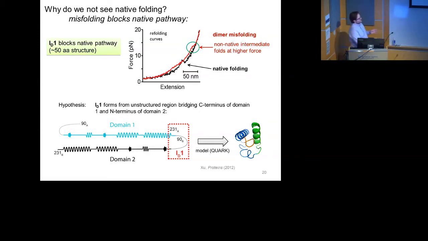So we think that it has to be forming in the region spanning the C-terminus and the N-terminus of these two. And so you can take those 50 amino acids and start doing modeling to try to come up with the structure of this intermediate. Well, I'm not a modeler, but I just put it through this server program, Quark, and came up with a model that seems plausible for explaining the structure of this intermediate. So for now, I'm calling this the structure of the intermediate. Not proven, but that was just a model that we put.